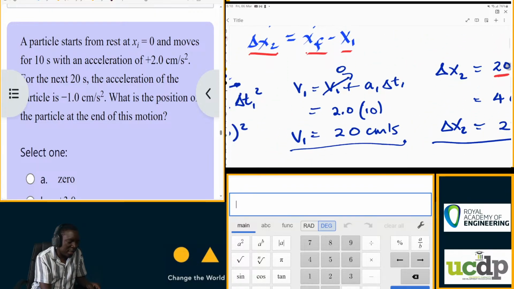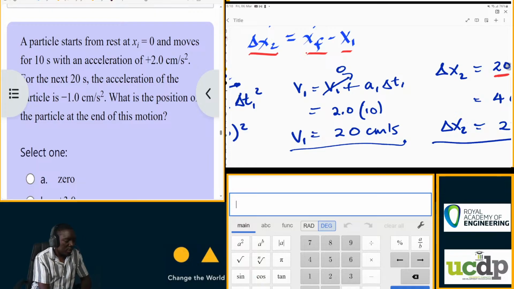Well, how did we find initial velocity? Because we didn't know this part of the motion. How do we find it? We have to use equation 1. Final velocity equals initial velocity plus a1 times delta t.